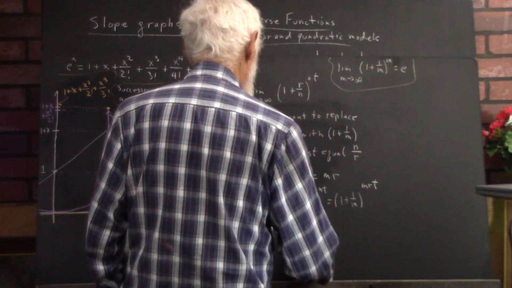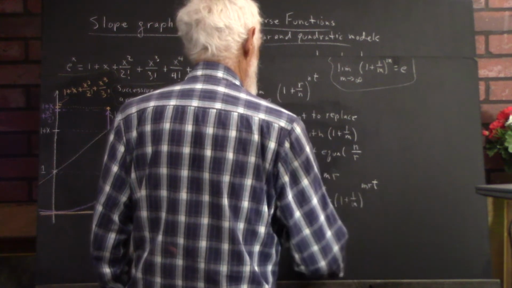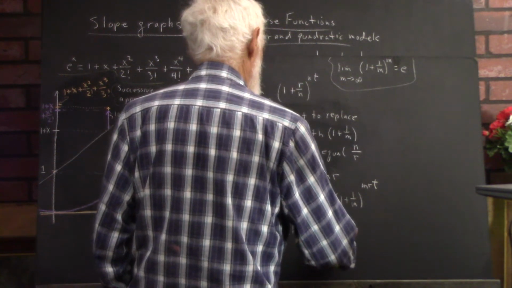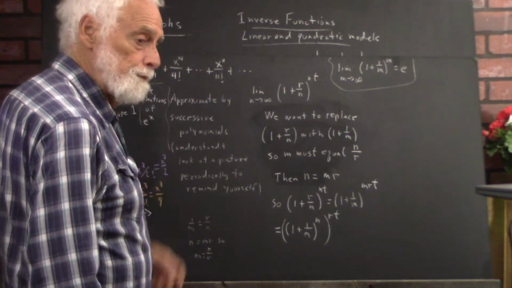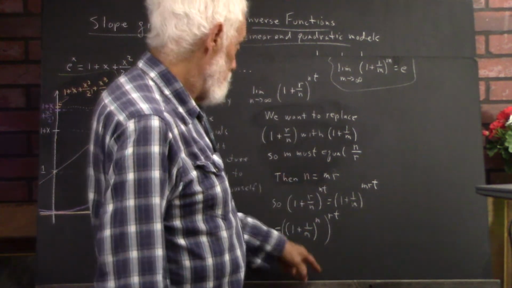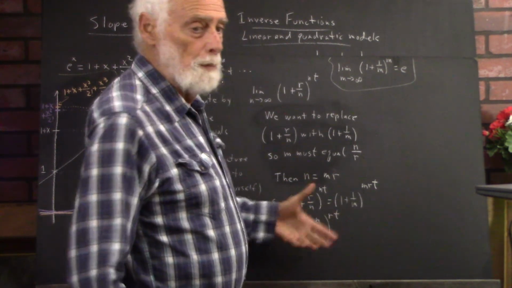Okay, so the laws of exponents tell you that (1 + 1/m)^(mRt) is the same as ((1 + 1/m)^m)^(Rt). You're taking a power of a power, so you multiply the powers.